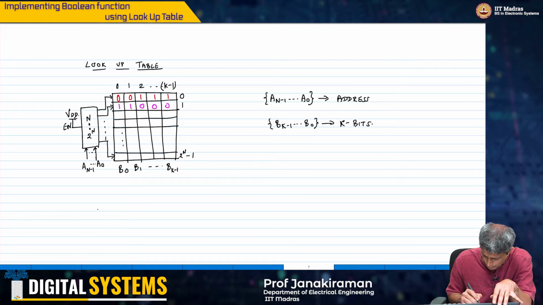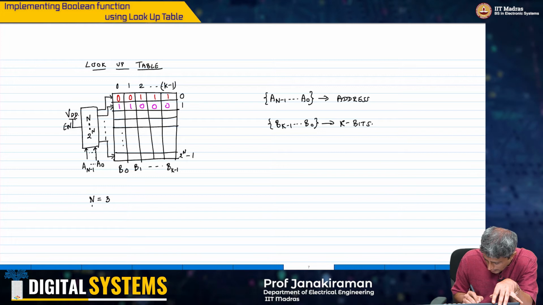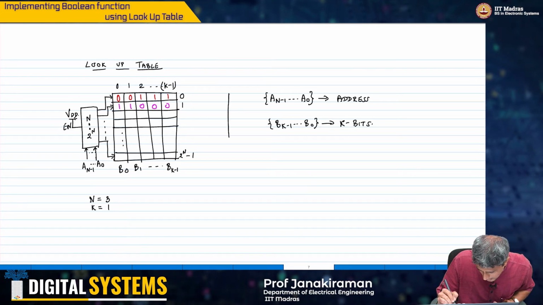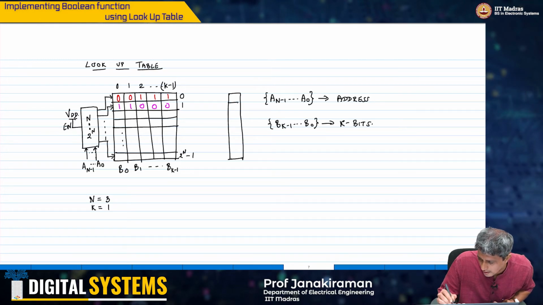For our example, let us assume that n equal to 3 and k equal to 1. This is the very trivial case, basically an array, not even a two-dimensional memory. It's only one bit that I can store like this.